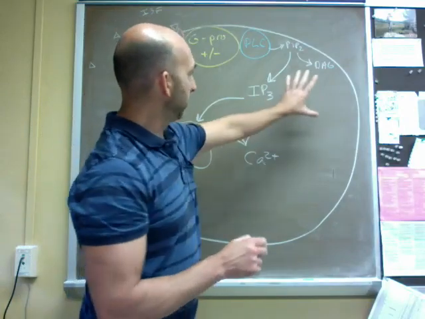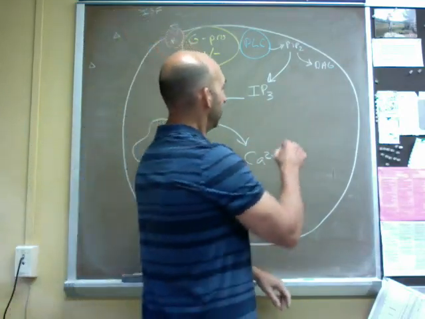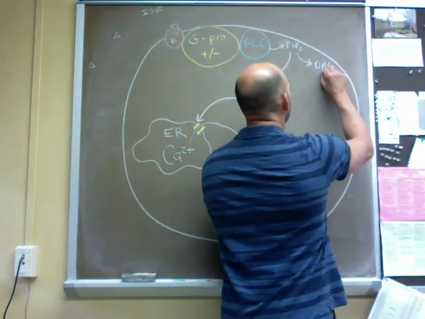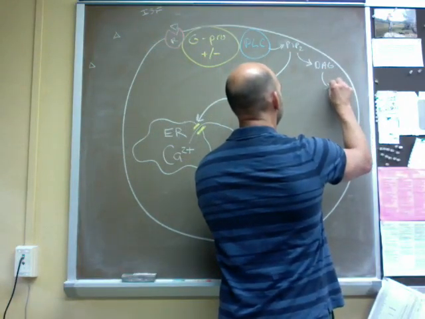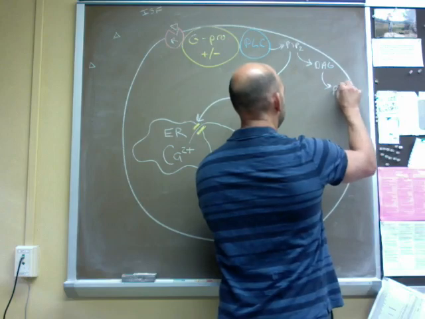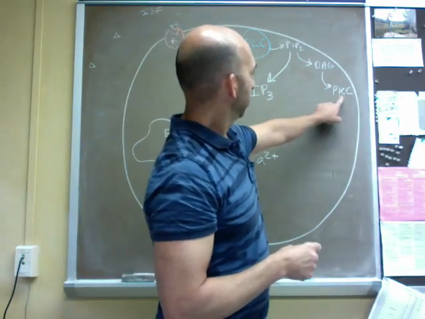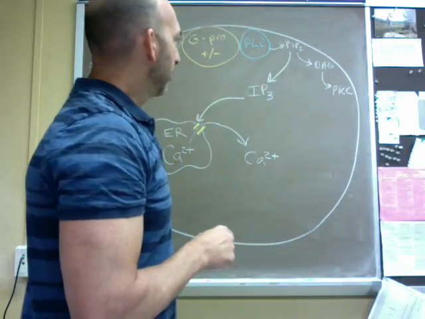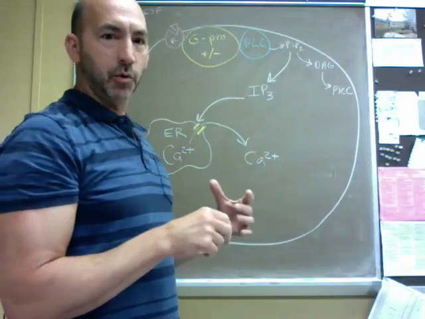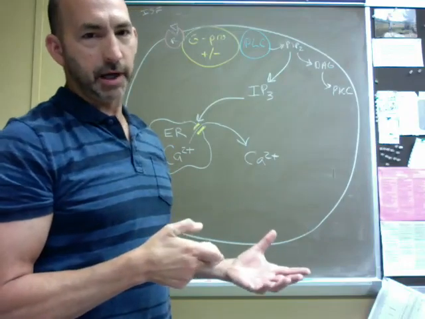Now let's go over to the DAG for a second. The DAG acts on a kinase called PKC. K for kinase, and that's what kinases do, they phosphorylate.